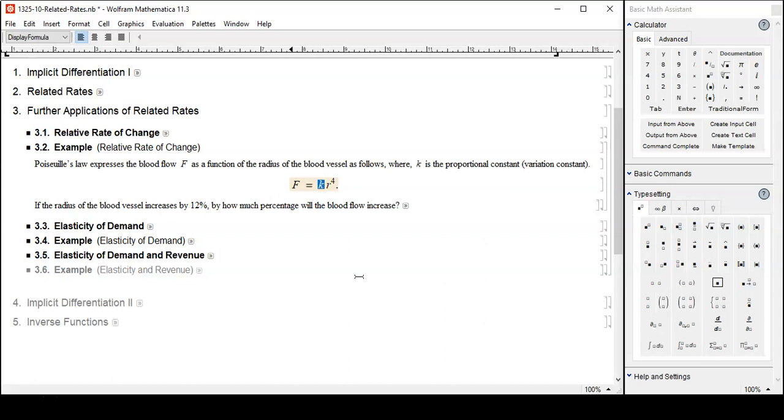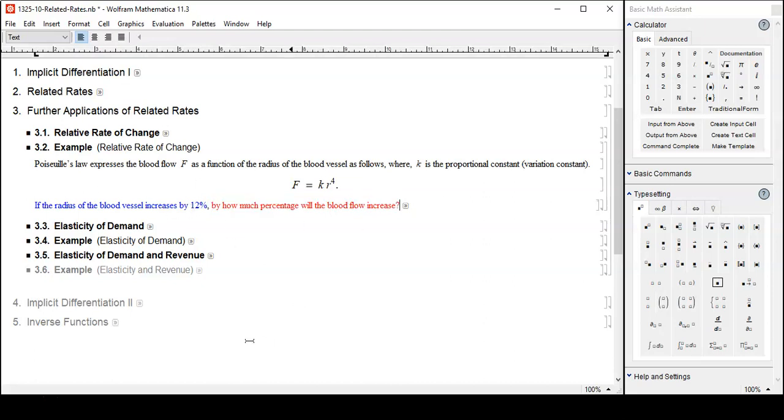Here, k is just a proportional constant, so it doesn't change. It stays the same. So this is a relationship between F and r. Now let's go to the problem here. If the radius of the blood vessel increases by 12%, by how much percentage will the blood flow increase?